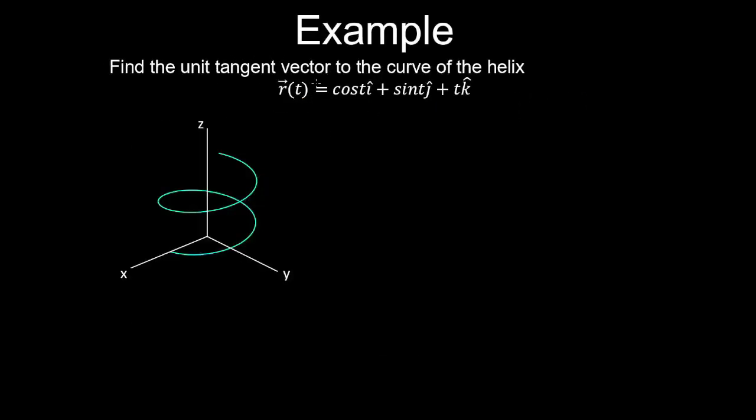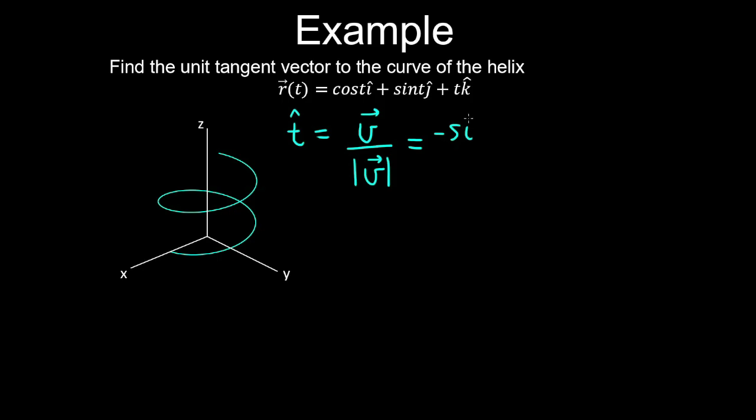Find the unit tangent vector to the curve of the helix. The tangent vector is the velocity vector over its magnitude. A velocity vector function can be obtained by differentiating the position vector function.